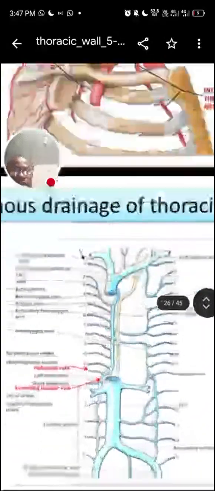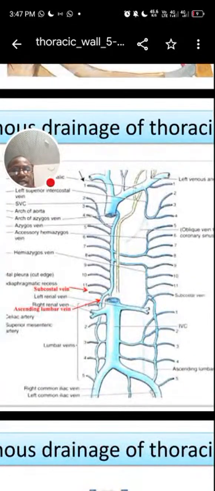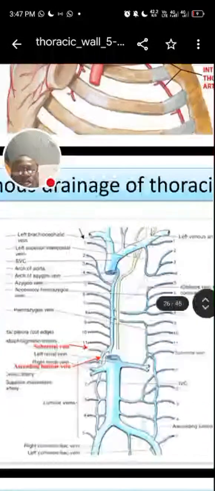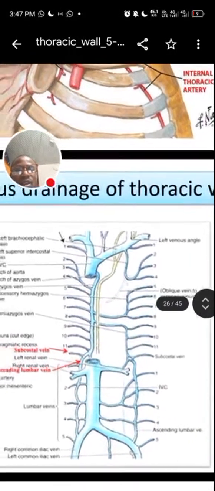We're going to look at three important veins. The ascending lumbar vein, then from the subcostal you see the hemiazygous, the accessory hemiazygous, then you find the azygous vein.